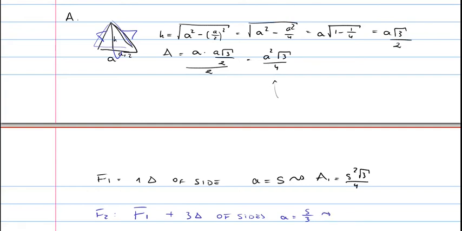So the area will be the area of F1, this is s squared square root of 3 divided by 4, and to this we have to add 3 triangles, each with area (s divided by 3) squared square root of 3 divided by 4.